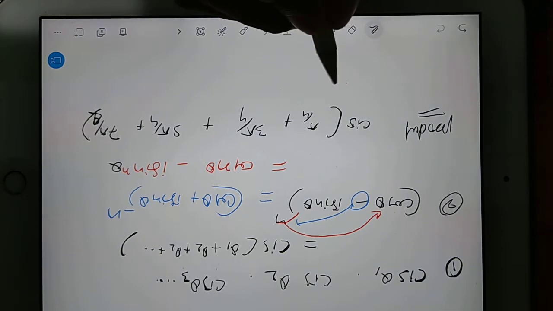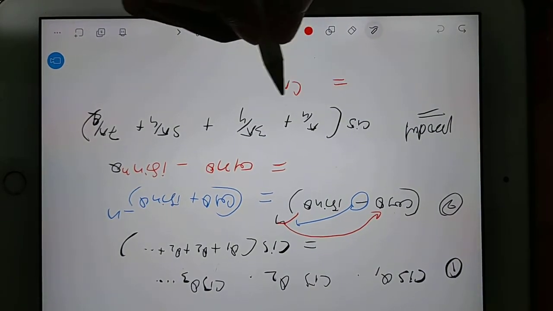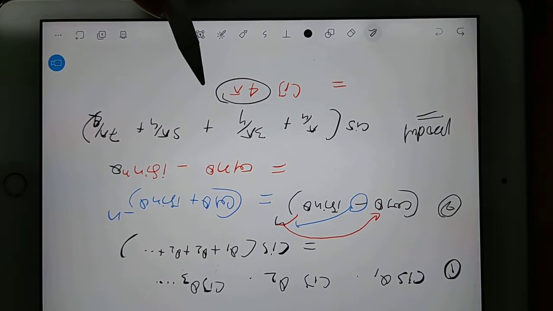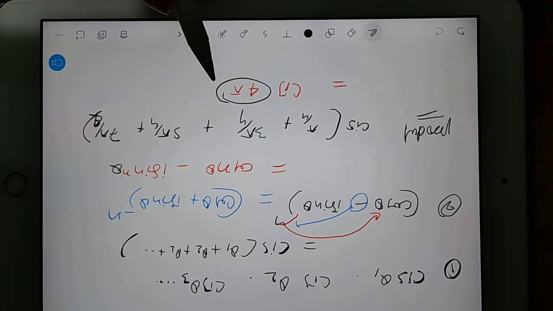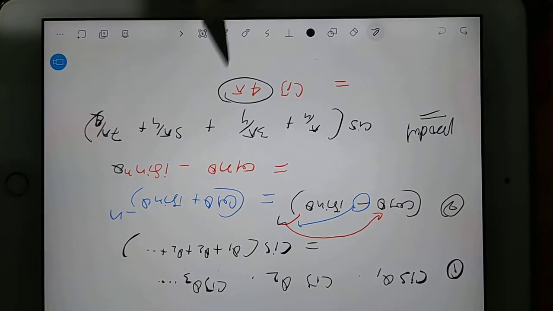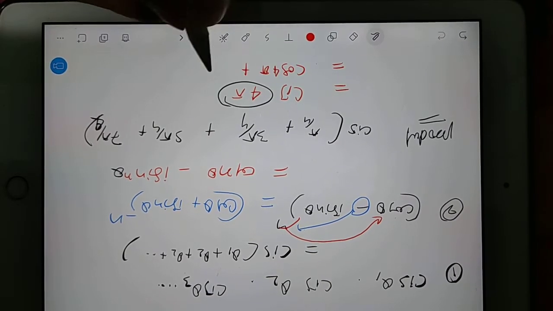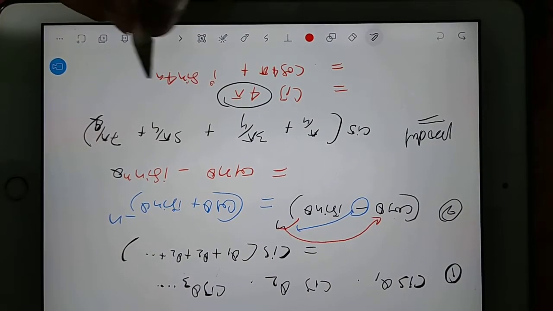If you add them, you will get cis 4 pi. And if you're confused about the value of cis 4 pi, quickly jump to cos 4 pi and sin 4 pi. So this is cos 4 pi plus i sin 4 pi.